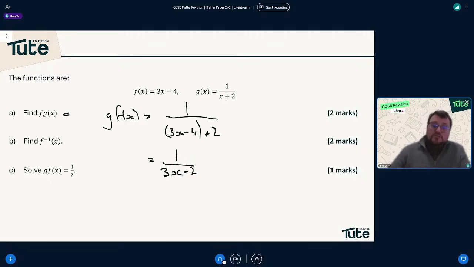And now it's telling you g of f of x is 1 over 7. So what you do is 1 over 7 equals 1 over 3x take away 2. You could use your balance method, your inverse method, but really what it's saying is that 7 is equal to 3x take away 2.